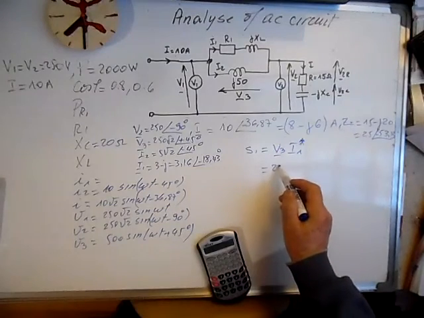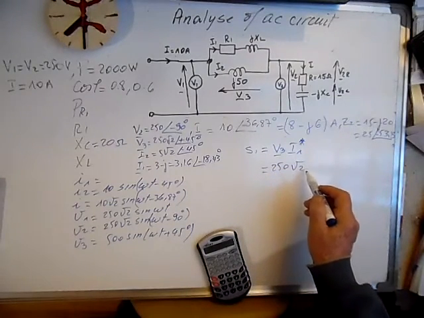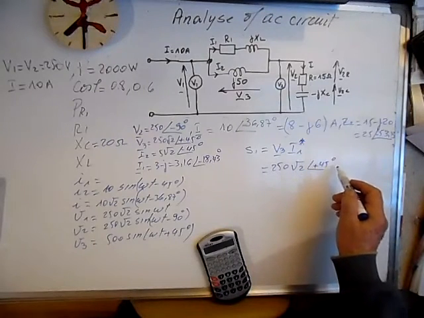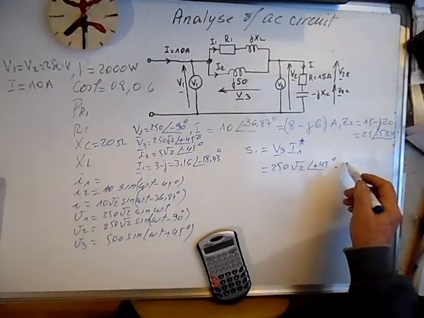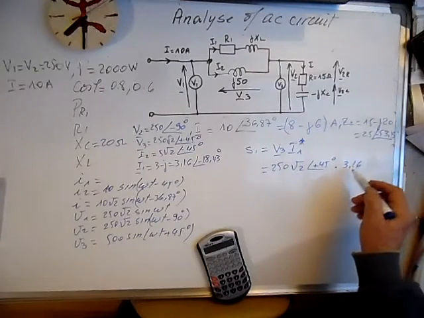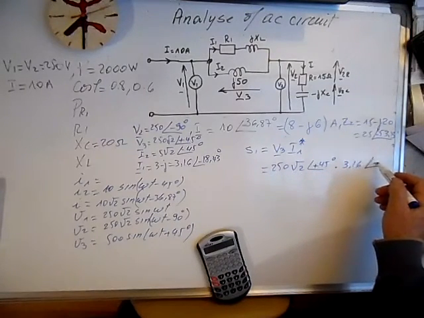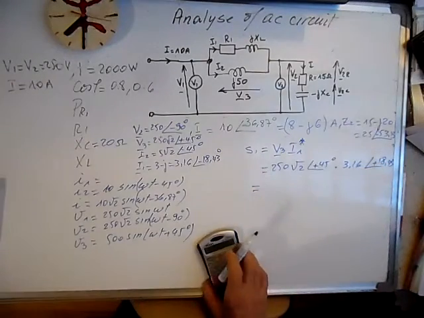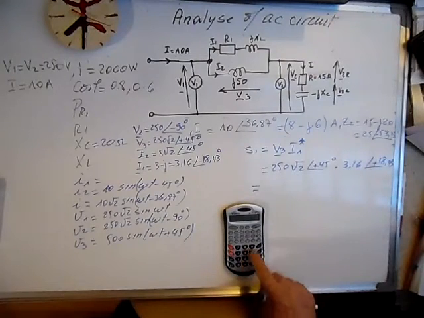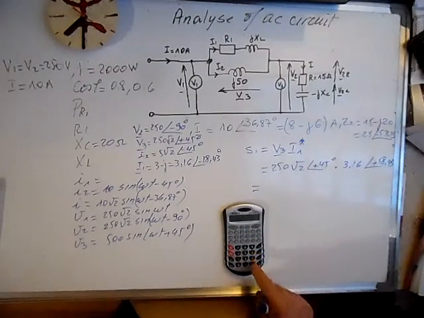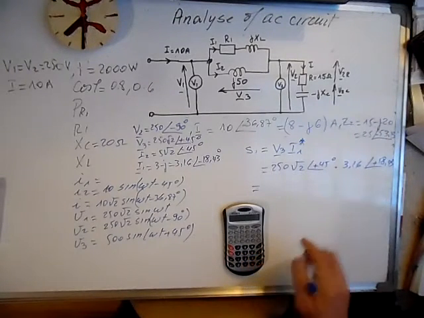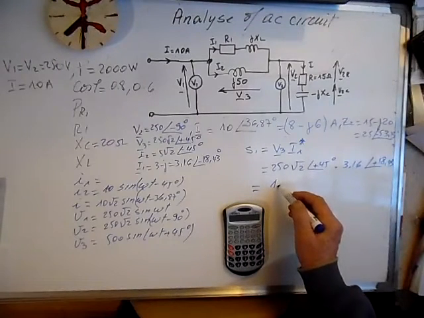V3 we have it here, 250 square root of 2 plus 45 degrees times the conjugate 3.16 plus 18.43. This is the square root of 2 times 250 times 3.16.